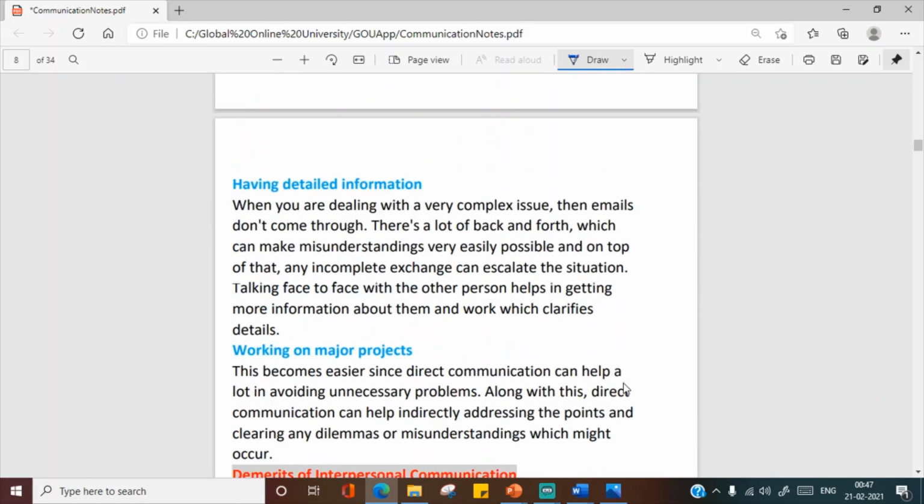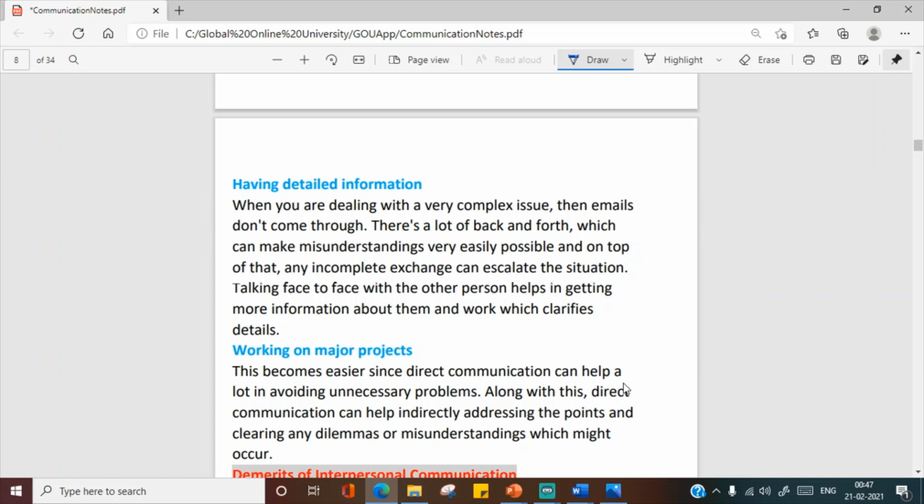Next is having detailed information. When we are dealing with a complex issue, emails don't come through, there is a lot of back and forth which can cause misunderstanding. For instance, you are working in an organization and you are talking over emails.